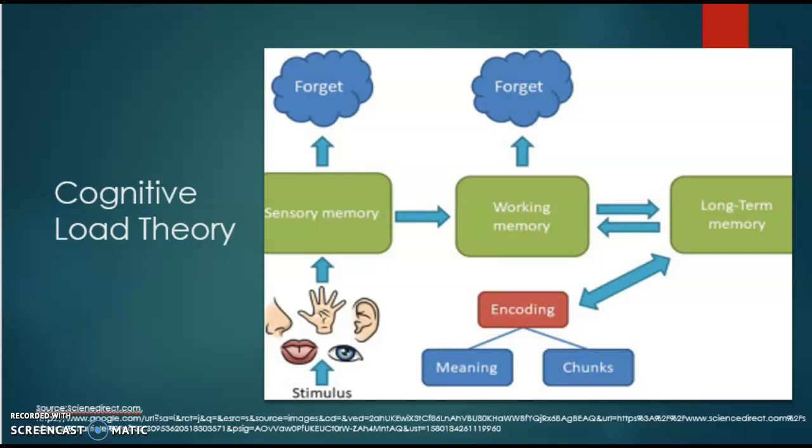Only fleeting multimedia information registers in the sensory memory in the process of selecting. That information is brought into working memory where the learner organizes it in the organizing process. Finally, the learner interprets the spatial and verbal representations with the relevant knowledge from long-term memory in the integrating process.